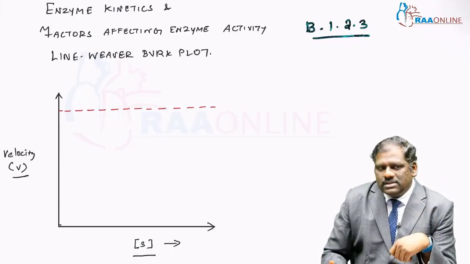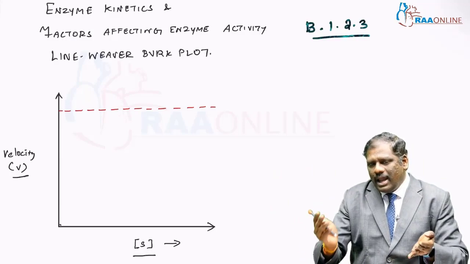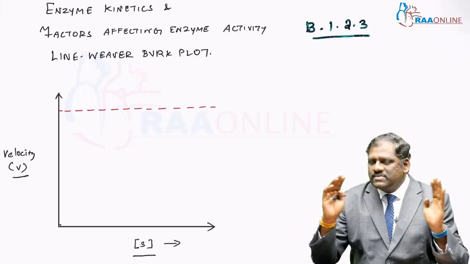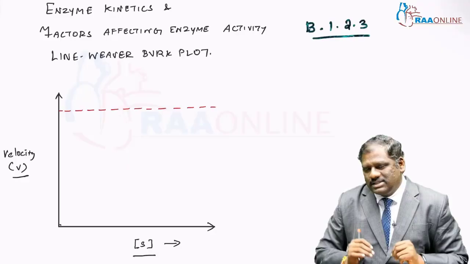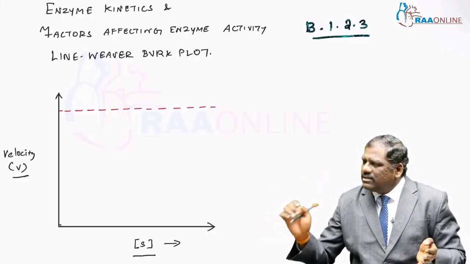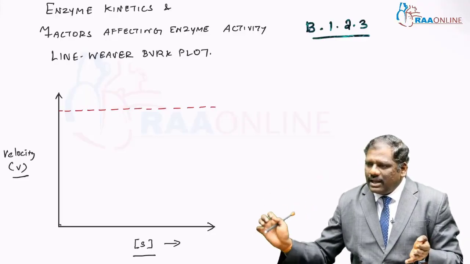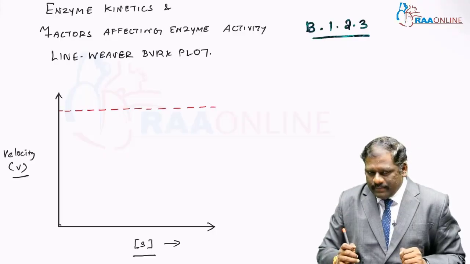At that time what happens? There will be more enzyme present. More enzymes means what? It means more active sites of the enzymes. If there are more active sites, the substrate concentration is much lesser, so they come and bind to those active sites and the forward reaction is carried out.